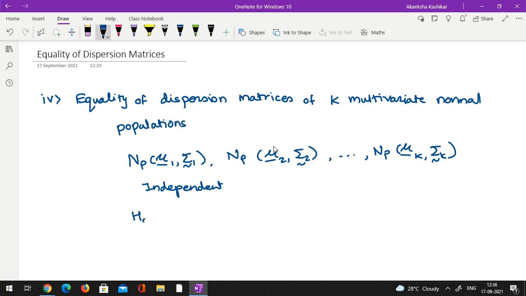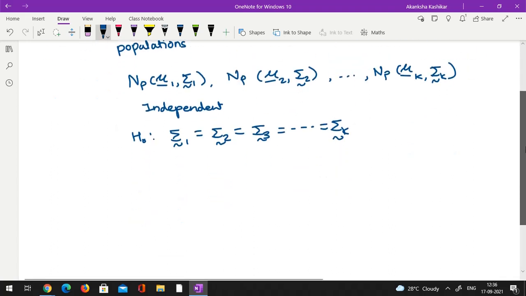My null hypothesis is Sigma_1 equal to Sigma_2 equal to up to Sigma_k. This is my null hypothesis. So what will be the null parameter space and overall parameter space?